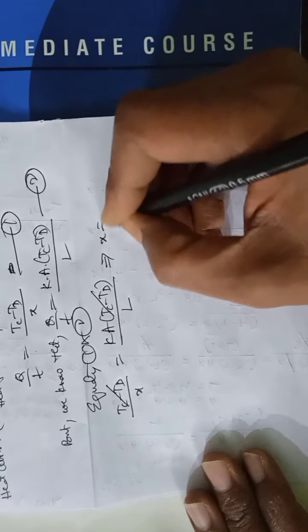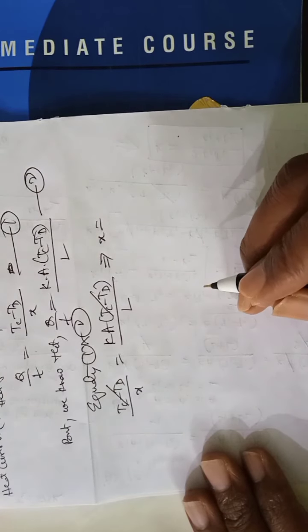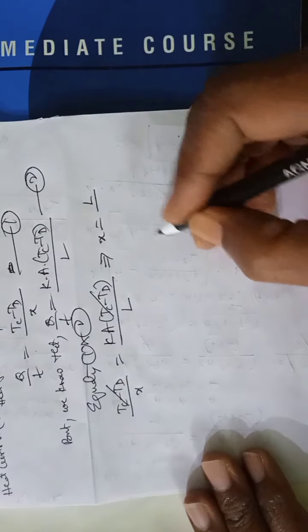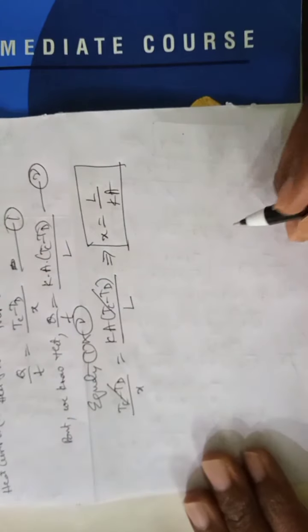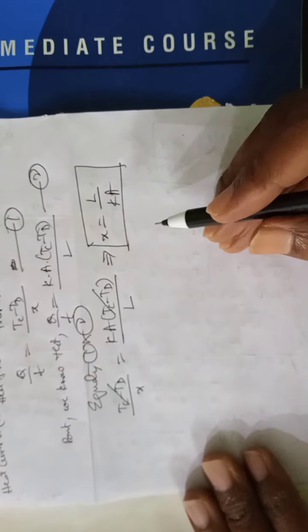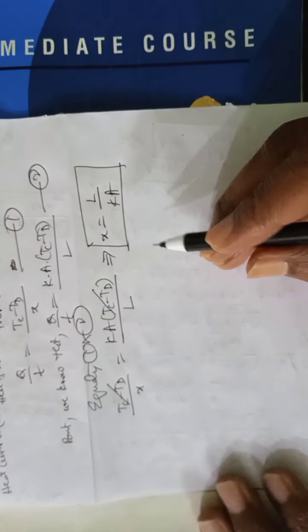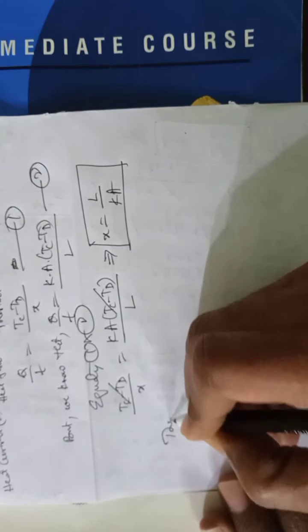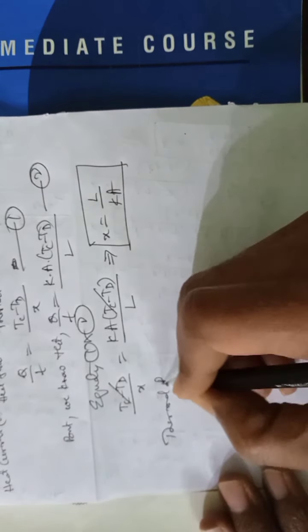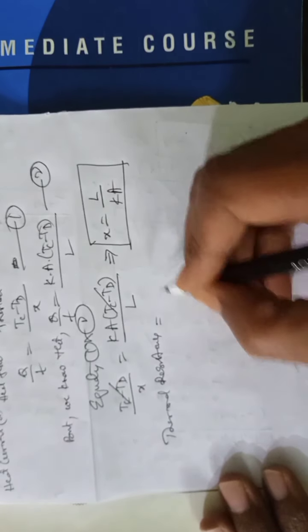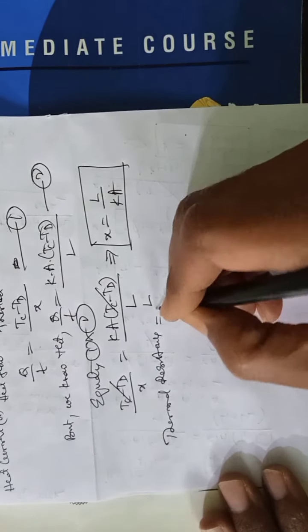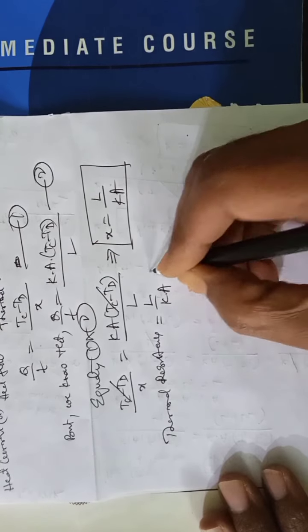From this we get x is equal to L by K A. So L by K A gives you the thermal resistance. So thermal resistance is equal to L by K A.